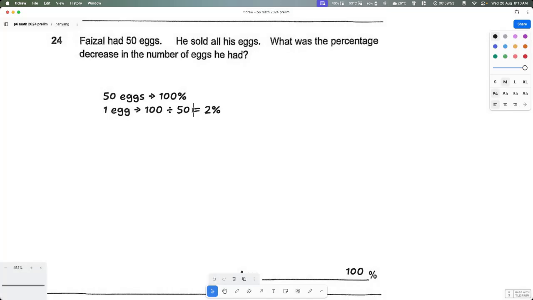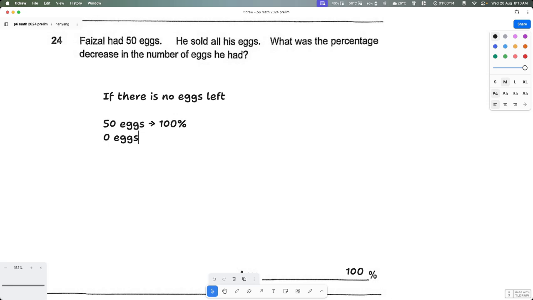But if there are no eggs left, 50 eggs is equal to 100%. So 0 eggs is equal to 100 minus 100, equal to 0%.